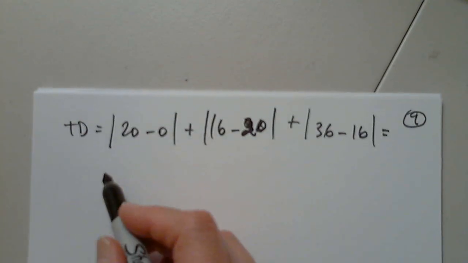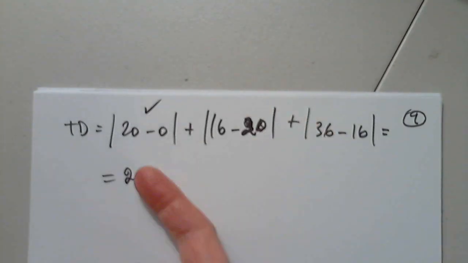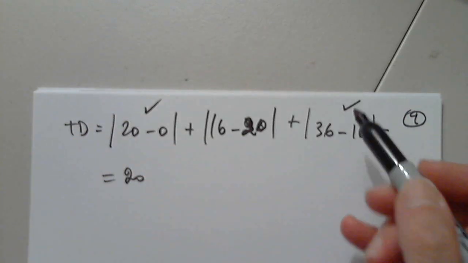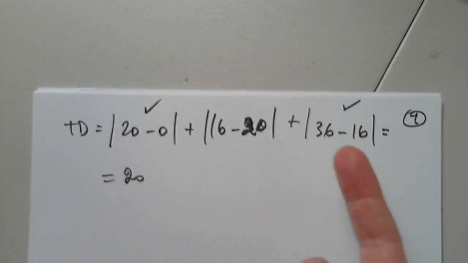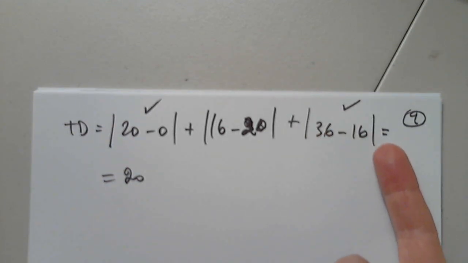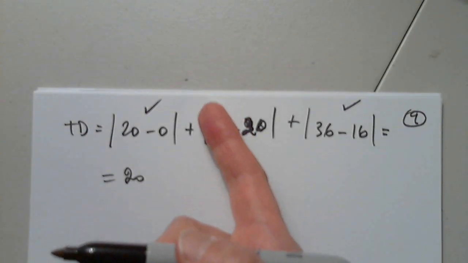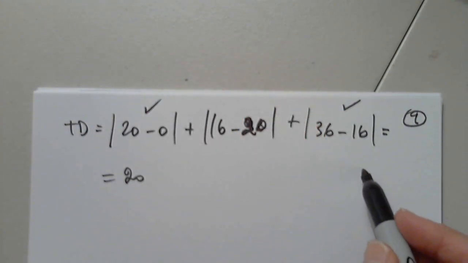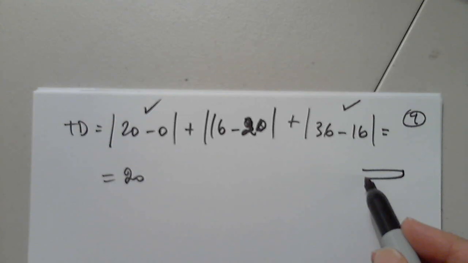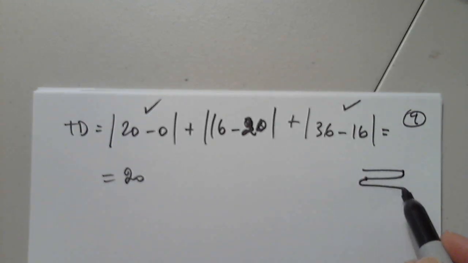This will give us a total distance. Of course, this is positive. It didn't need the absolute value. Of course, this is positive. It's also 20, as it happens. So it didn't need the absolute value, but this one does. 16 minus 20 is negative 4. The distance has to be positive. If I go to school or I come back, the odometer will not subtract. It will still add, right?